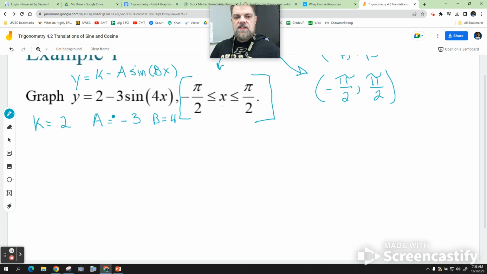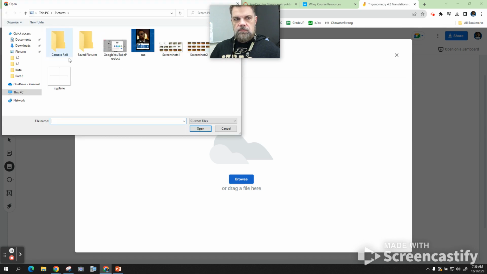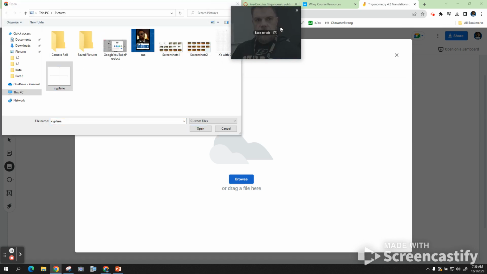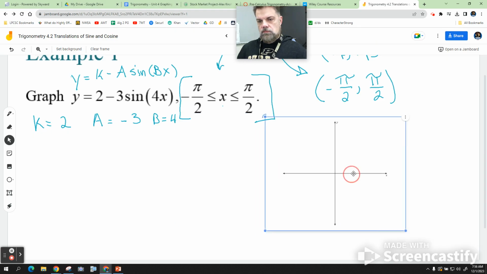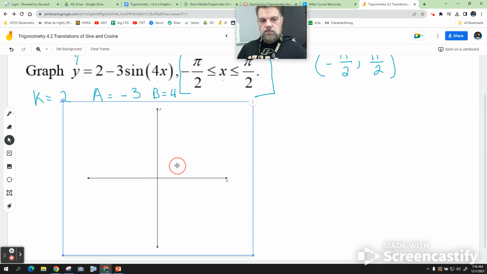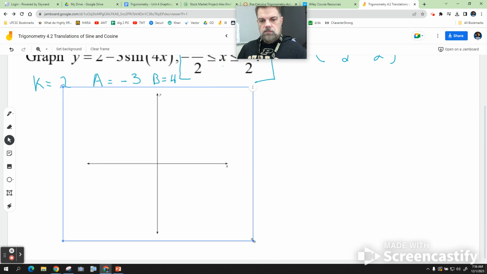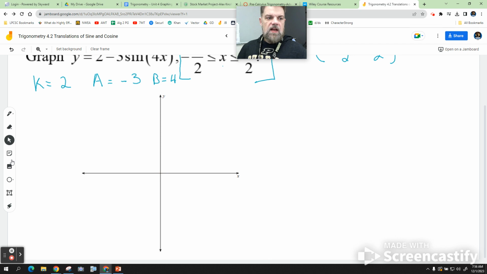So now if I'm going to sketch this graph, let me put a little graph in here. Now I'll make it a little bigger. I know that my amplitude is going to go from 3 to 3.